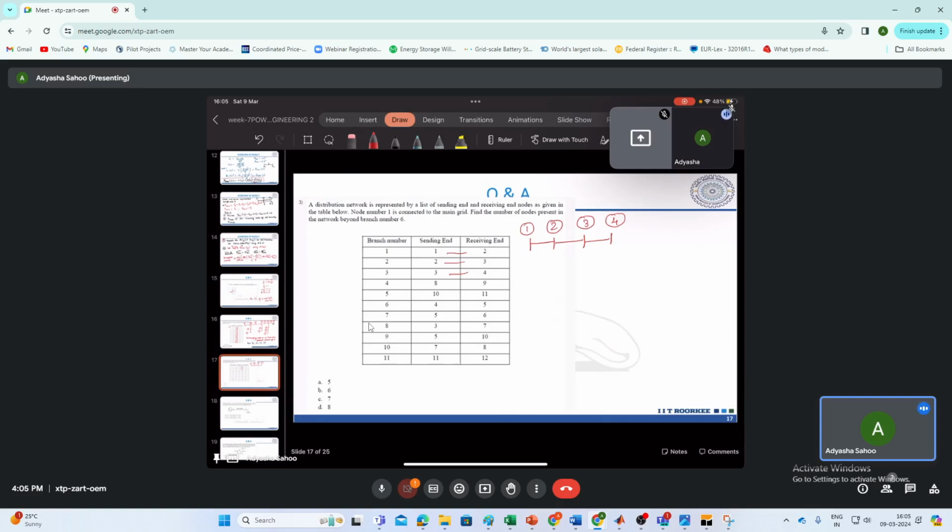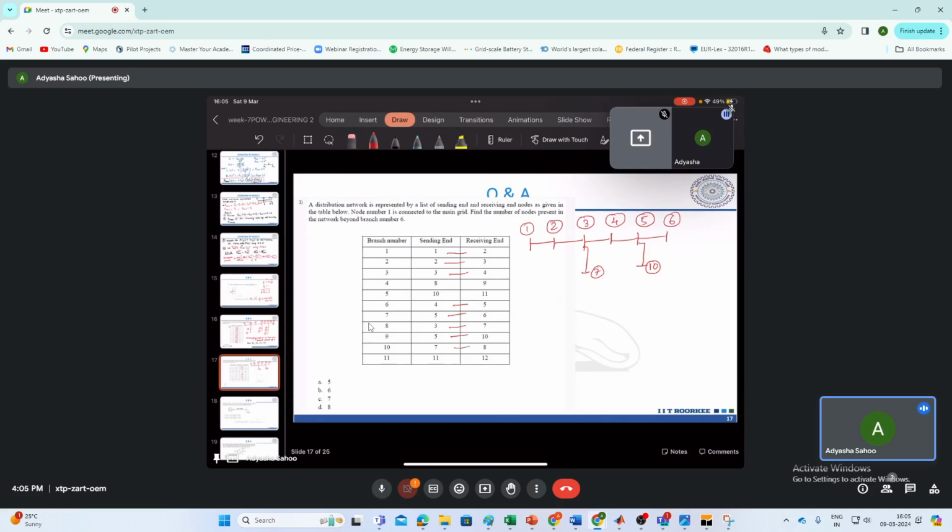Basically, we get 4 to 5, then 5 to 6. Then 3 to 7, 5 to 10, 7 to 8.